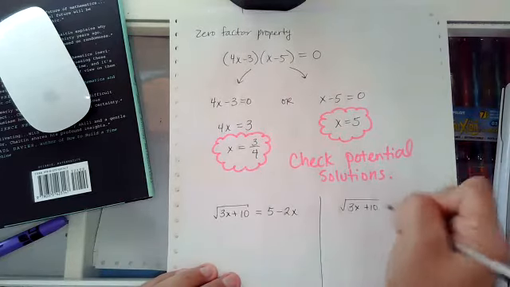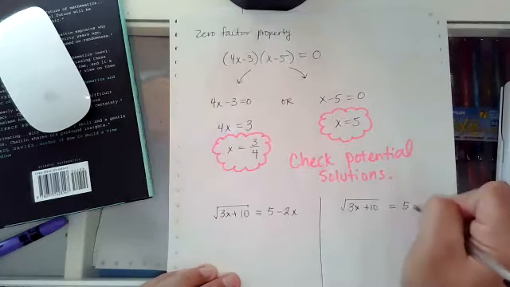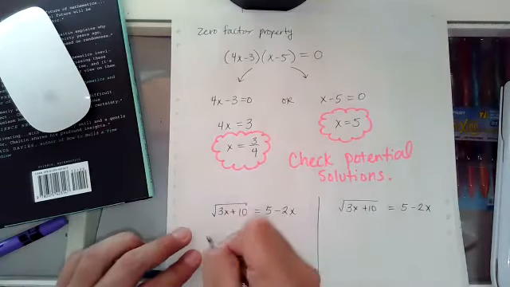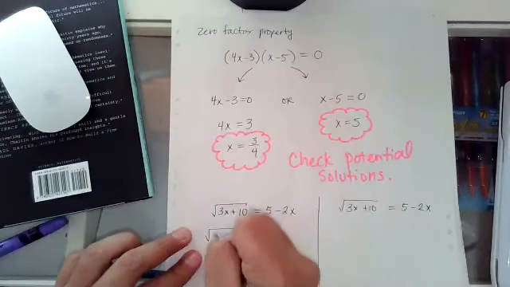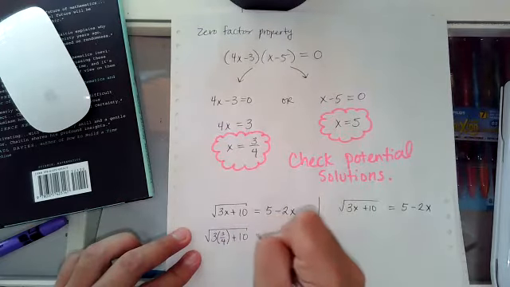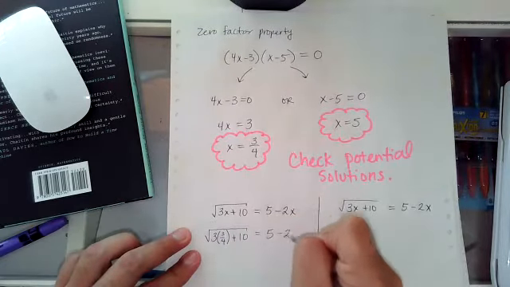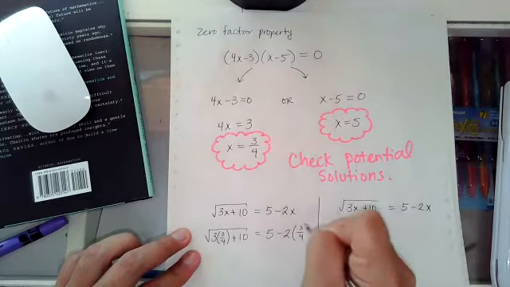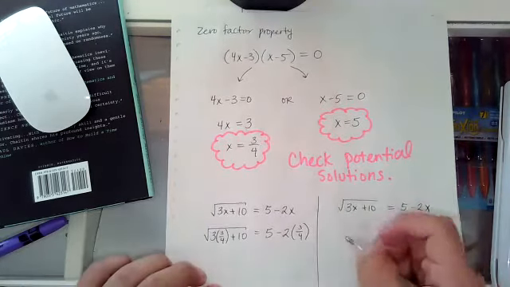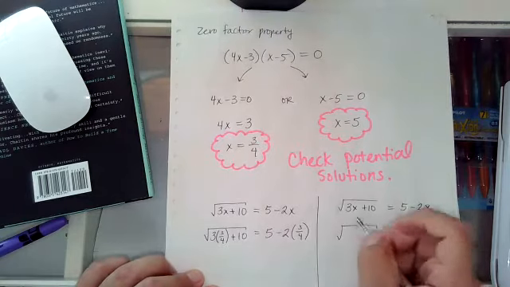On this side, we're going to want to simplify this expression with the fraction inside, but I'll save this one for later. It'll be easier for us to solve this one.